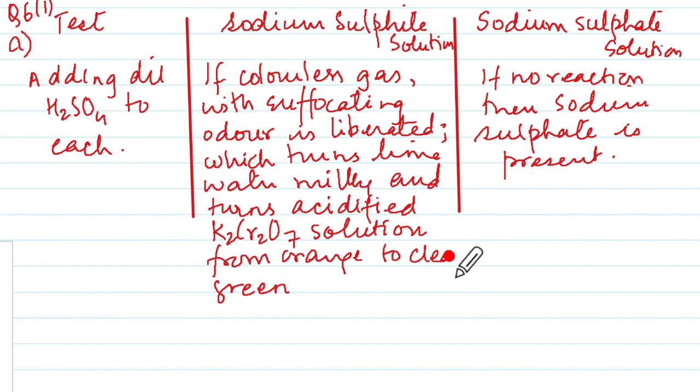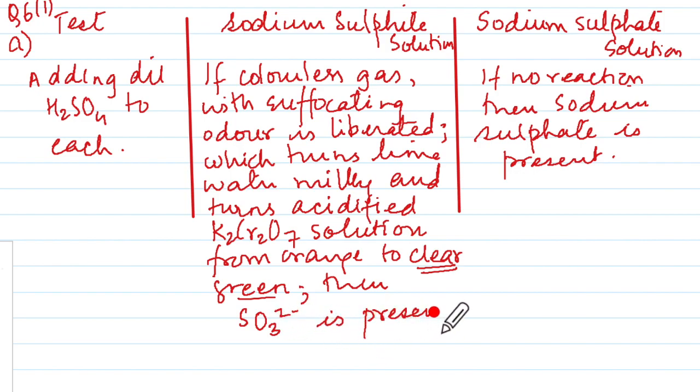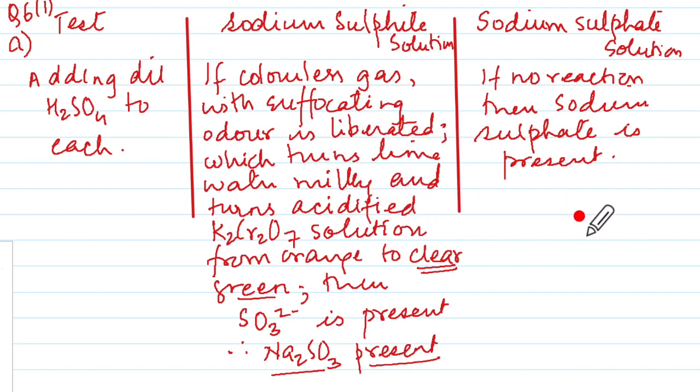It has to be clear green. Then we will say that SO3 2- radical is present, and therefore we will have Na2SO3 present. Mark the keywords, and that will give us our 1 mark.